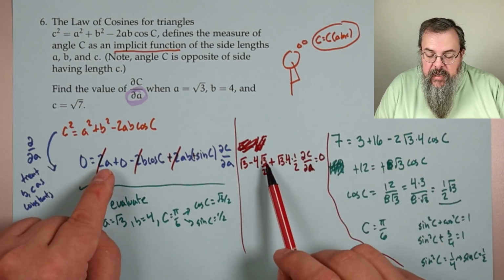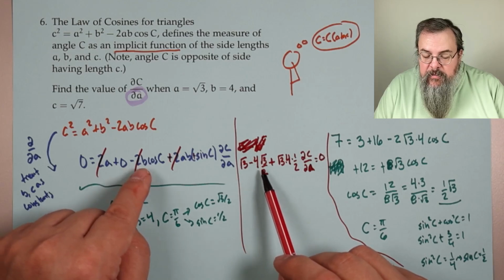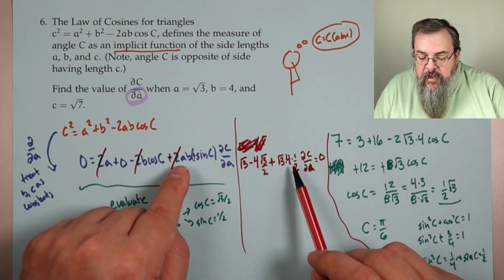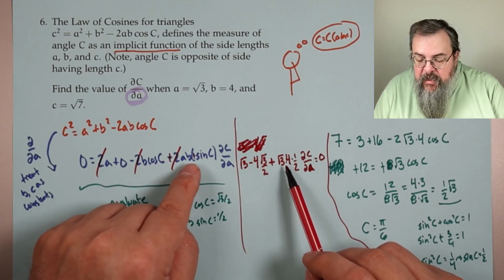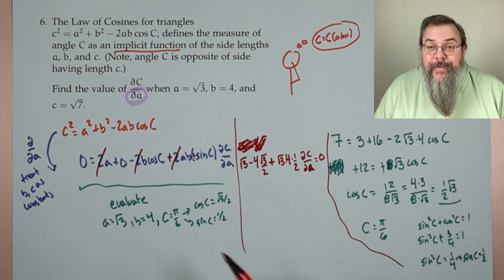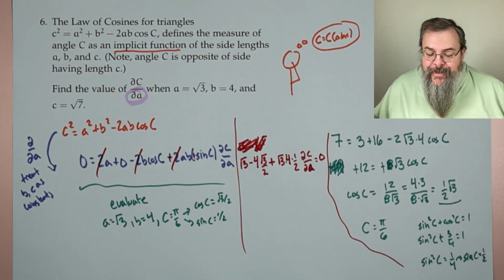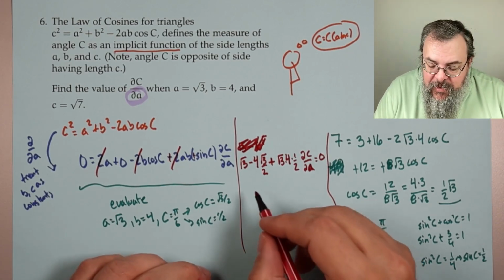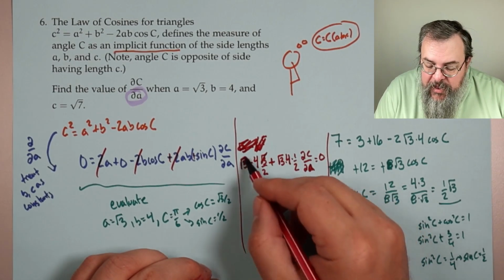All right, so we plugged in a minus b cosine c plus a b sine c partial a. All right, now notice everything has a root 3. So let's go ahead and divide out by a root 3. And so the root 3's go away.